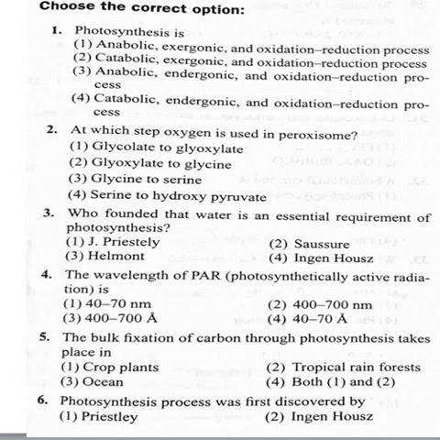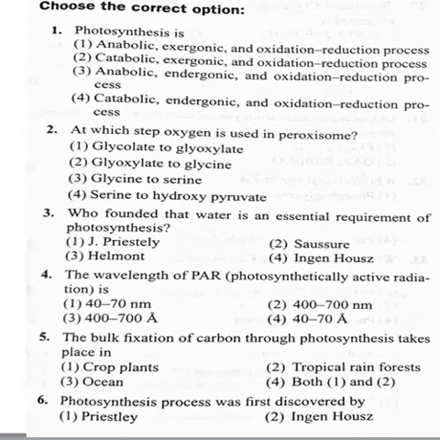Coming to the fourth question, the wavelength of PAR, photosynthetically active radiation, is option 1 40 to 70 nanometers, option 2 400 to 700 nanometers, option 3 400 to 700 angstroms, option 4 40 to 70 angstroms. So photosynthetically active radiation is nothing but the visible spectrum, that is 400 to 700 nanometers.